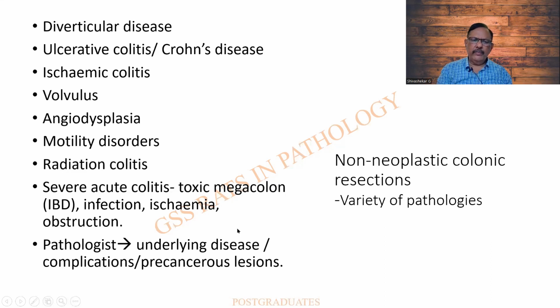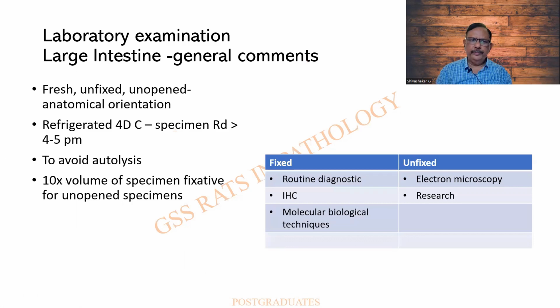The pathologist will have to know something about the underlying disease, its complications, and the cancerous lesions you can get. So non-neoplastic also, there are varieties of pathologies. Always we should keep our mind open to that.